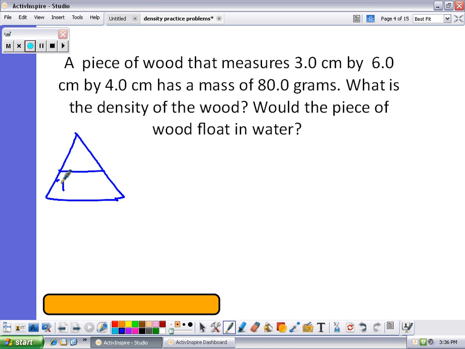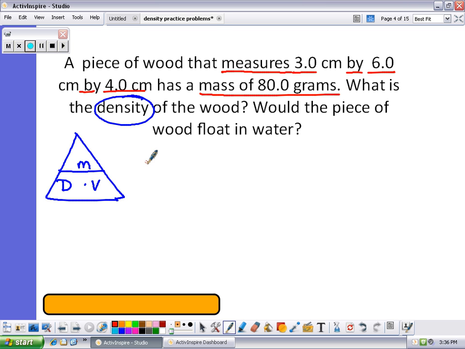Start with your triangle and find out what it is that they're asking us to solve for. What is the density of the wood? So what information do they give us? It says the measurements are 3 by 6 by 4, and it has a mass of 80 grams.